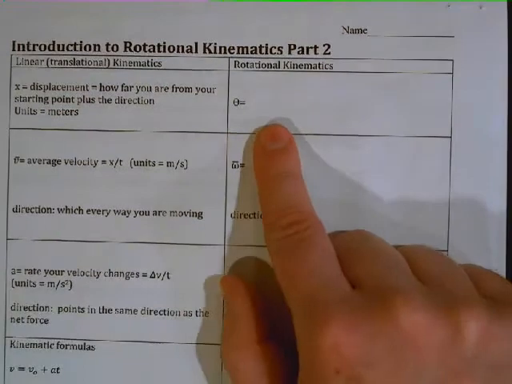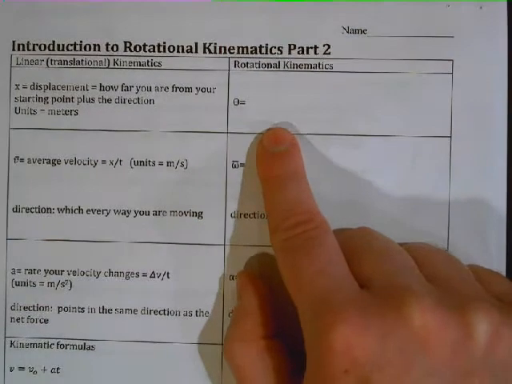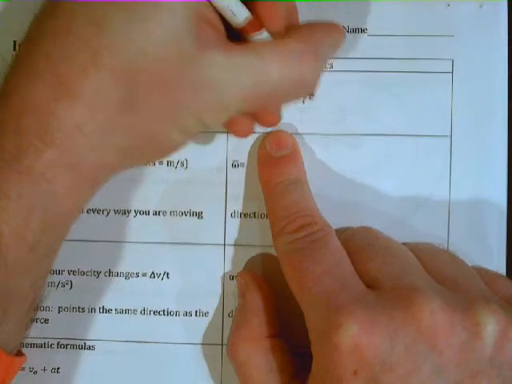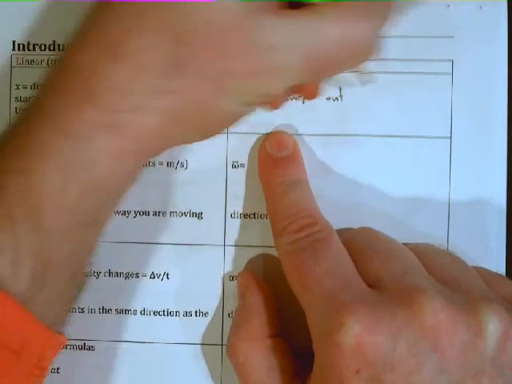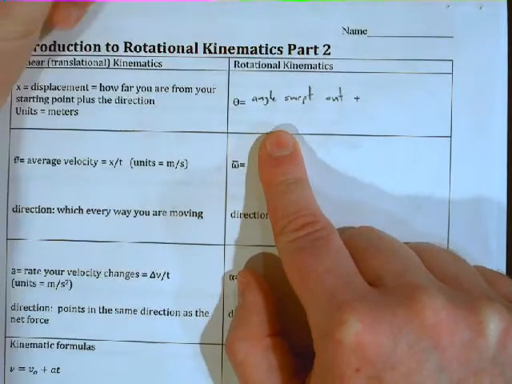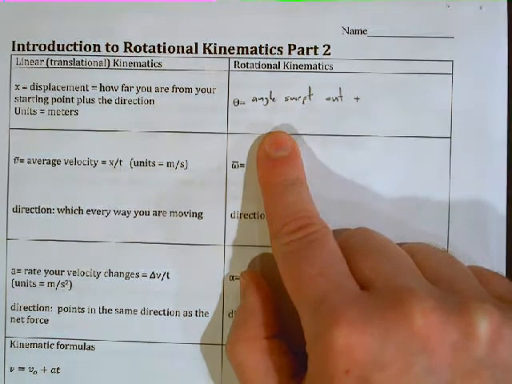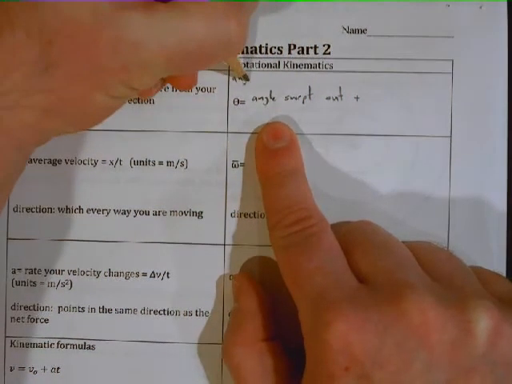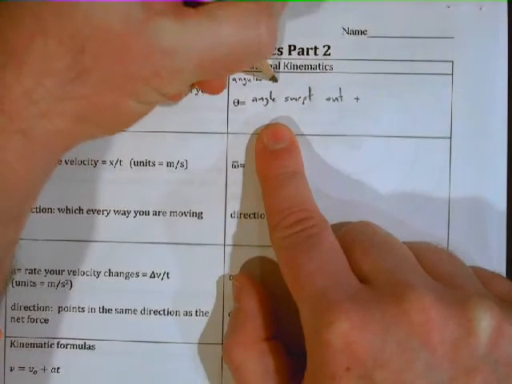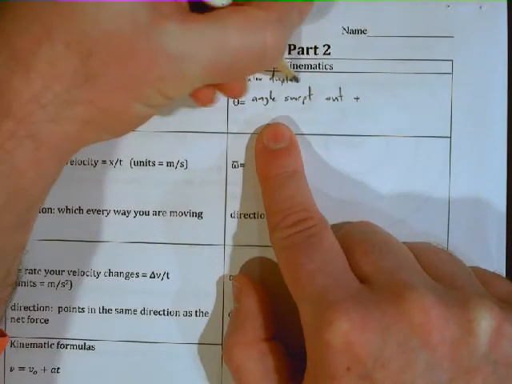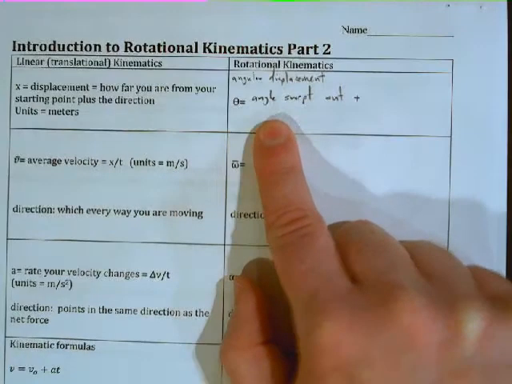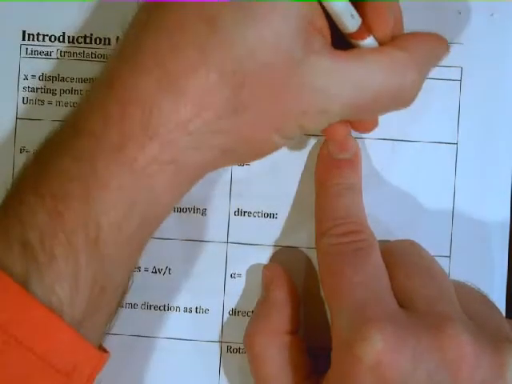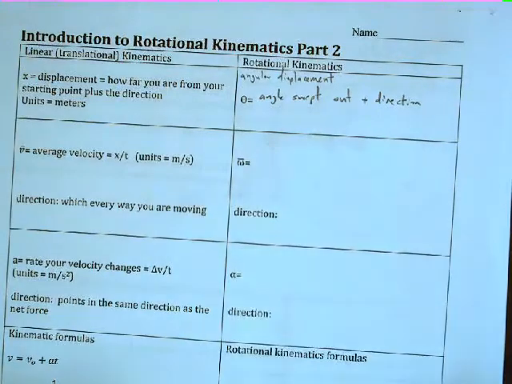Well, theta is going to be defined as the angle swept out, plus, and it's really angular displacement. That's what this is. So this is angular displacement. Okay, but it's the angle swept out plus the direction.